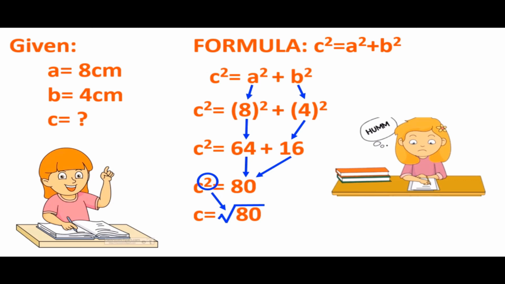So, if we have C squared equals 80, it's going to be C equals square root of 80. Using our calculator, we will find out that the square root of 80 is 8.94. C is equal to 8.94 centimeters. Yes, that's right. That's already the answer.